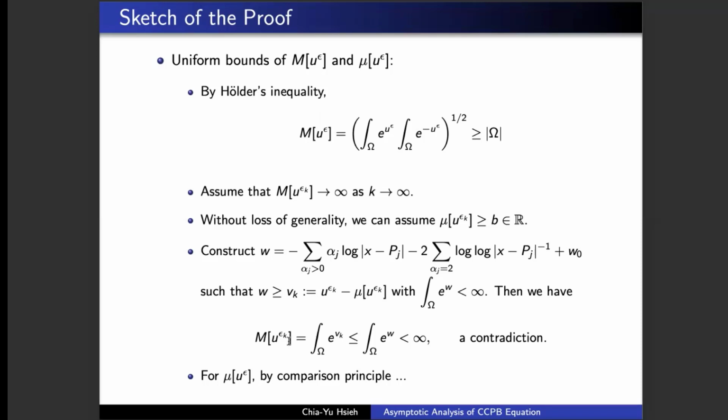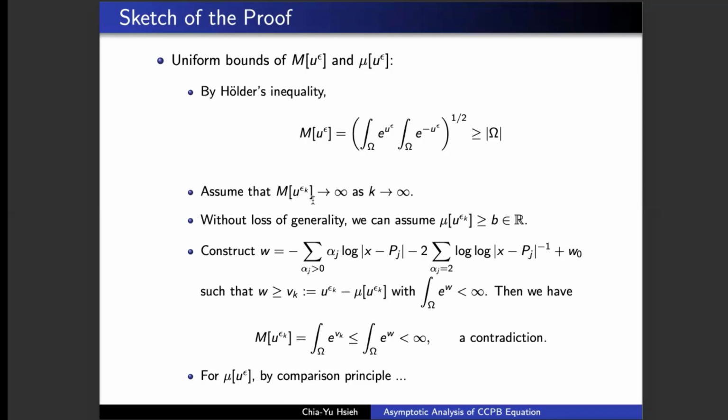For the lower bound of M, it can be directly proved by the Holder inequality, because its definition is the product of these 2 integrals with the square root. So the Holder inequality gives us that it is greater than the measure of omega. As for the upper bound, we want to prove it by contradiction. We assume that there is a sequence M, depending on u epsilon k, that tends to infinity.